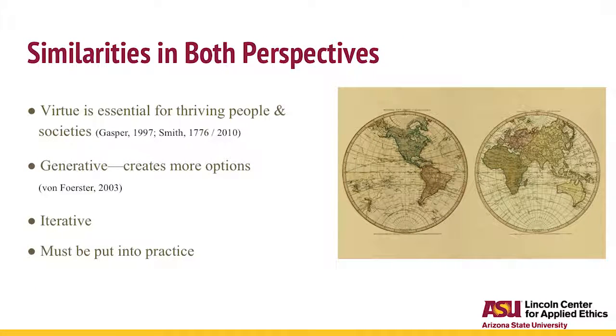Despite these differences, Eastern and Western perspectives also share some commonalities. These include seeing virtue as an essential element that is needed for people and society to thrive. Also, both Eastern and Western traditions describe virtue as being inherently generative. That is, it creates enabling conditions that make well-being possible.